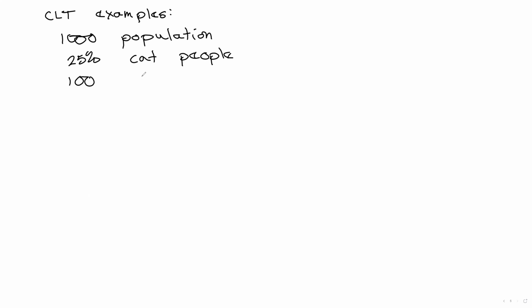So we've got the 1,000 population, 25% cat people, 100 sample size, and this is randomly selected. Very important. I almost put randomly elected, randomly selected.